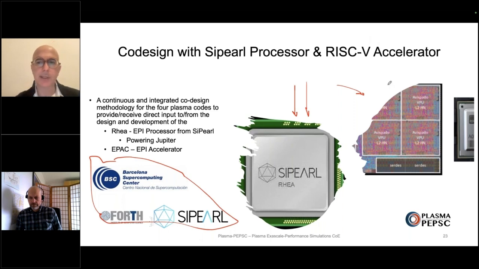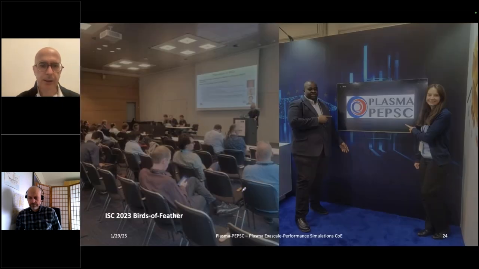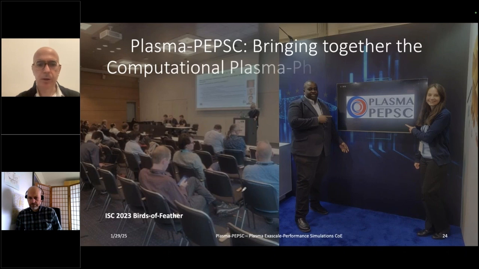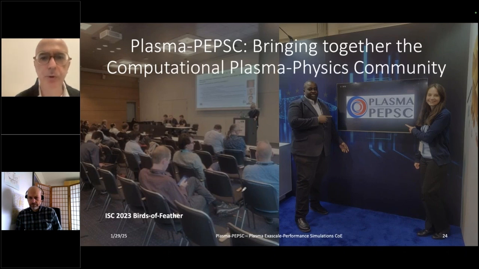In this case, the experts from BSC, Forth, and Cyper have access to the code, and are testing the code on the simulators, providing feedback on how to change the code in order to use the system. And I just want to finish up with this and take a few questions.